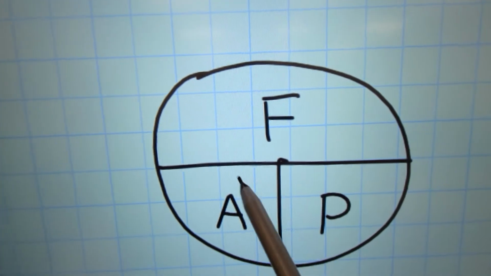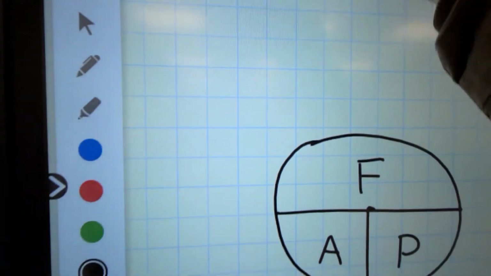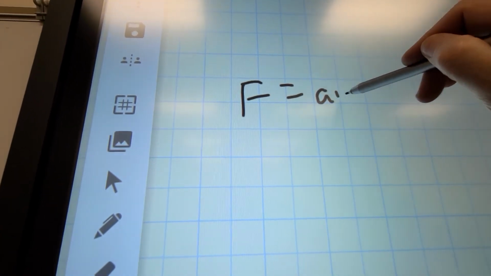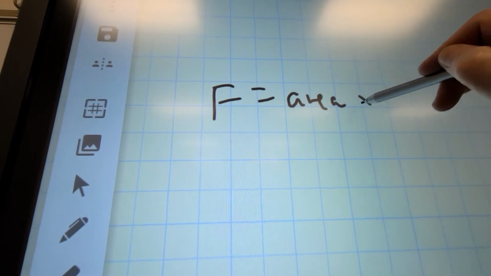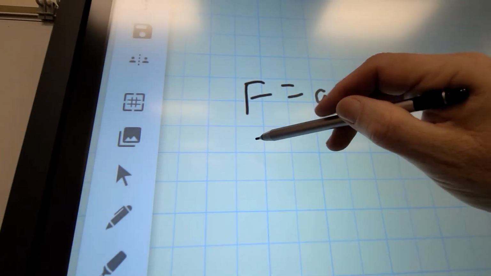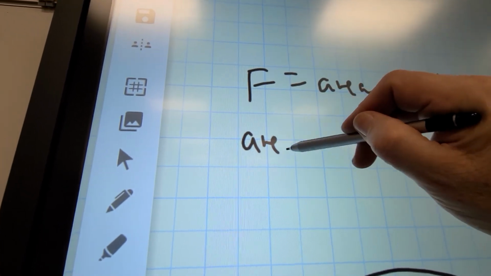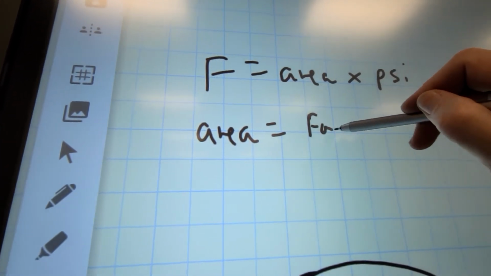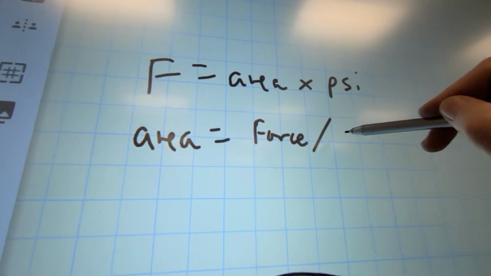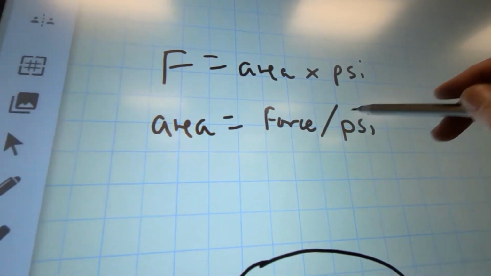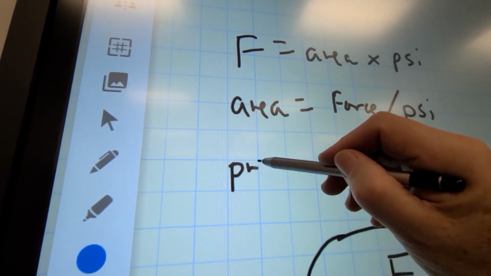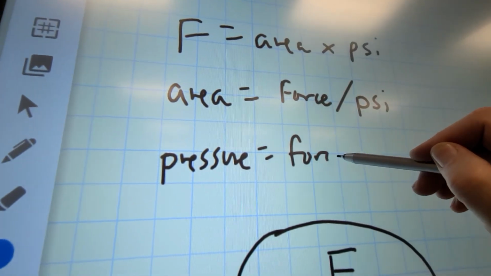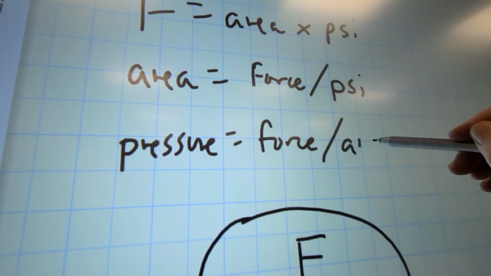So from this, you can generate three equations. F equals area times PSI. You can say that area equals pounds of force over pressure, PSI. Or you can say that pressure equals force over area.